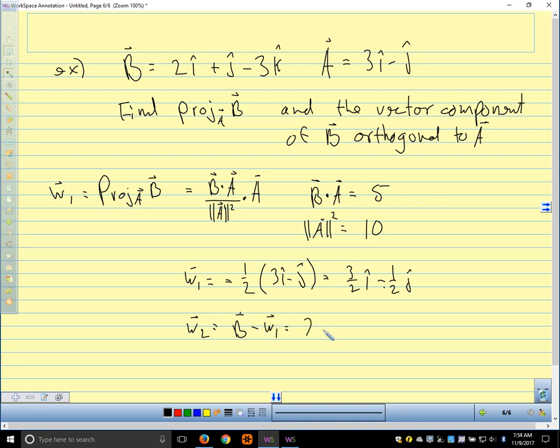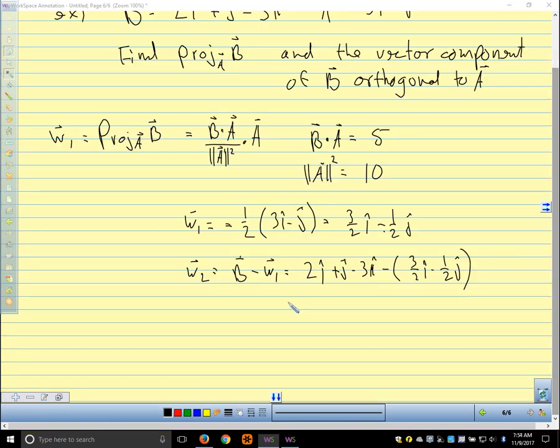So we get 2 i hat plus j hat minus 3 k hat minus 3/2 i hat minus 1/2 j hat. And when I do that, I get W2 equals 1/2 i hat plus 3/2 j hat minus 3k hat.